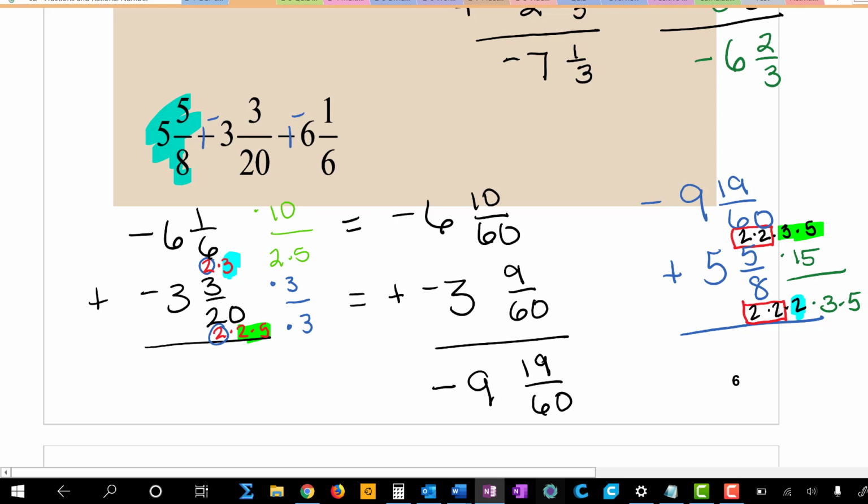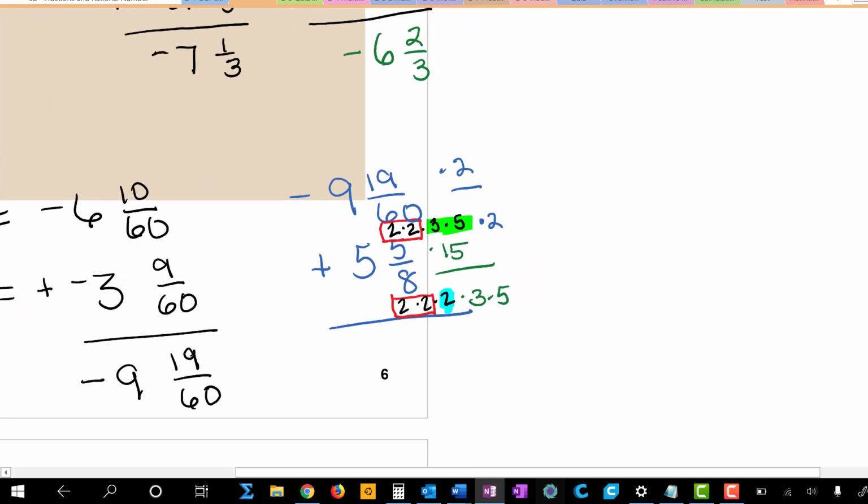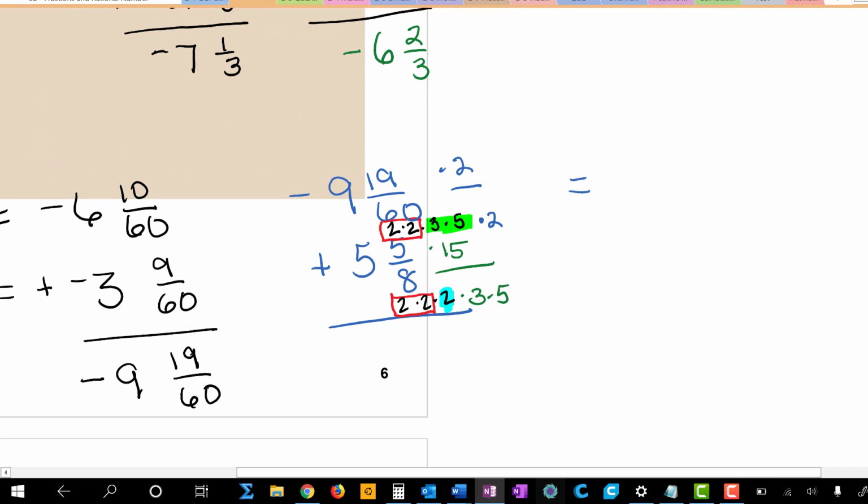So we're going to need to multiply another 2 by the denominator and the numerator. Oh, we're getting some big fractions, right? So here, we're going to end up with -9 and 38 over 120 plus 5 and 75 over 120.